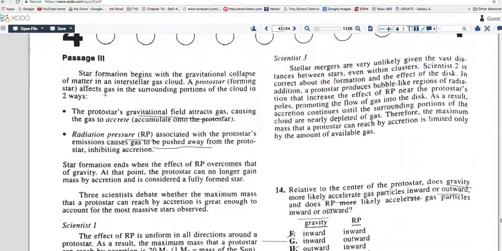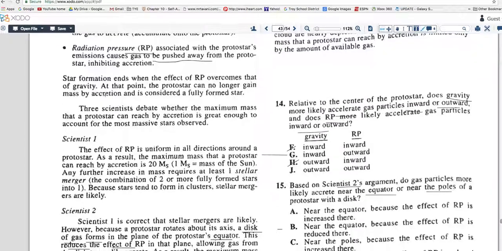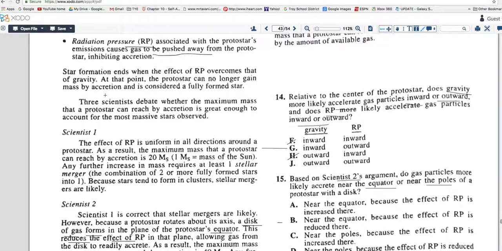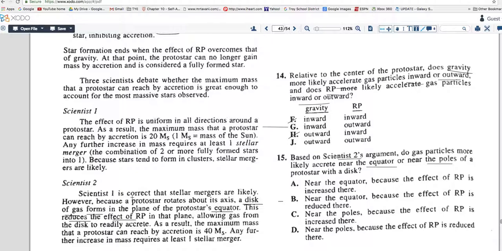Something you guys should do while you're reading it. Remember, this passage, did we read it? Yeah, I read it. You read it? Okay, remember, conflicting hypotheses. This is scientist one, scientist two, scientist three. What you should be doing as you're reading is you read the first one in depth. The second one you should skim, and most likely, it just changes one thing.